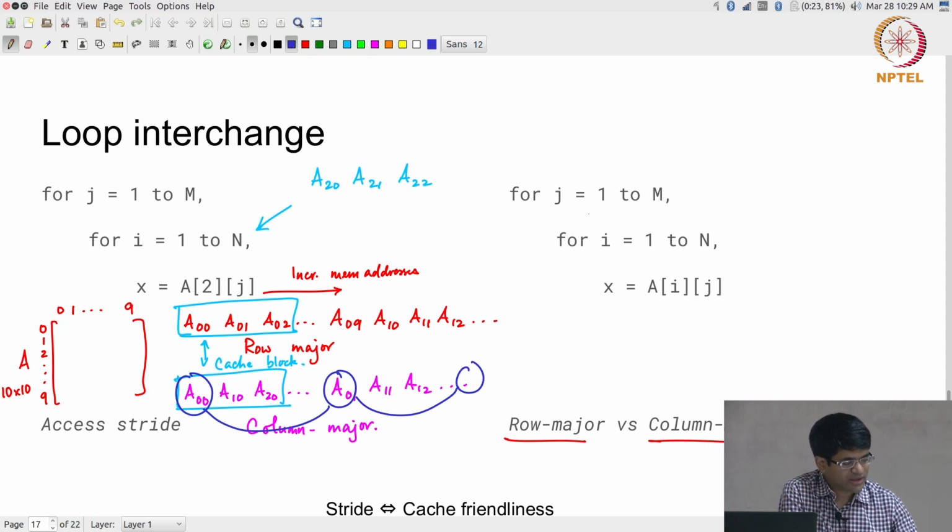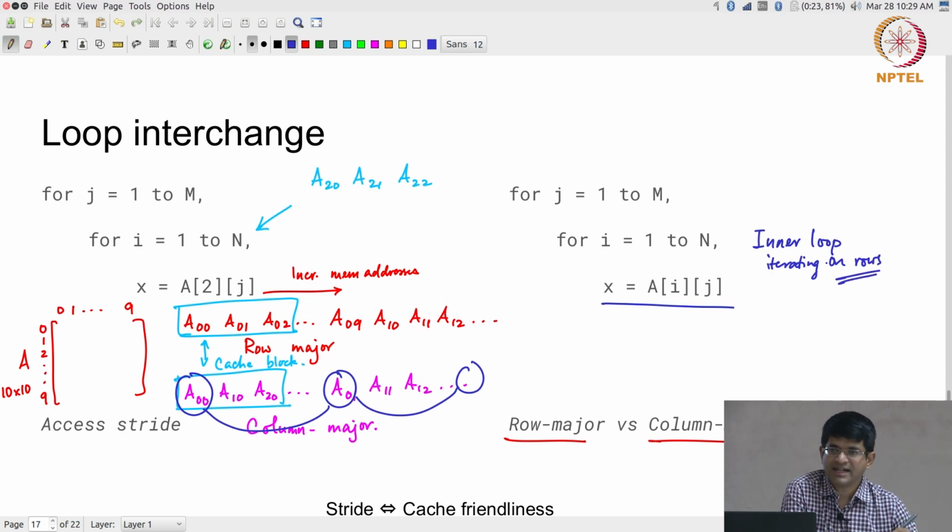Similarly, you might have nested for loops where you are trying to access a of ij, the matrix itself, all the elements. Once again, the order matters. If your inner loop is iterating along the rows, this is a bad ordering, because on every iteration through the inner loop the value of i is changing and I am accessing a strided element.